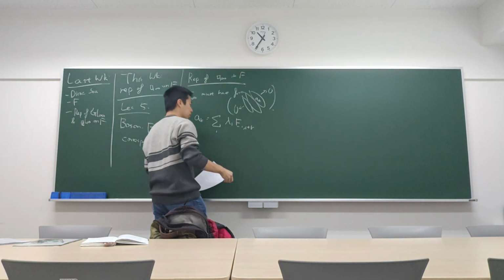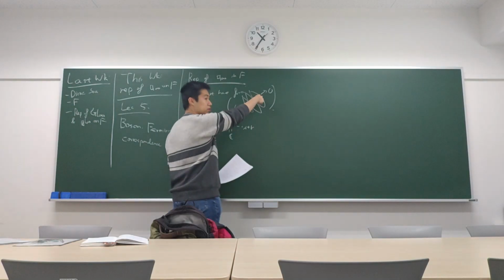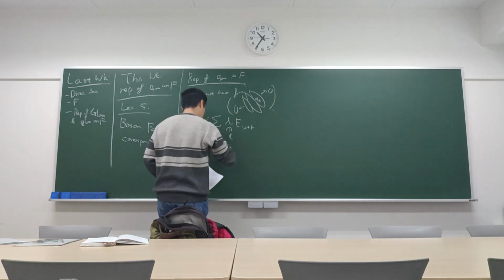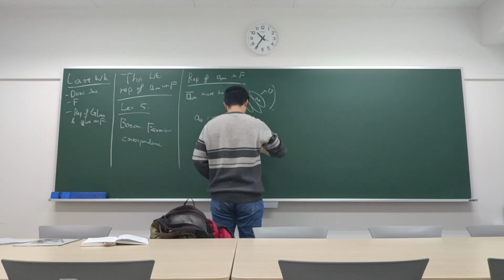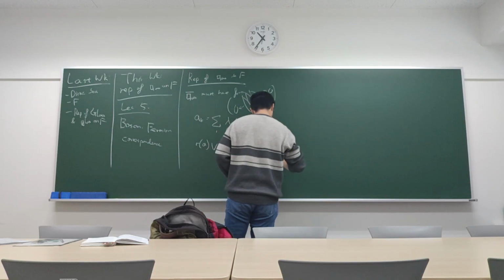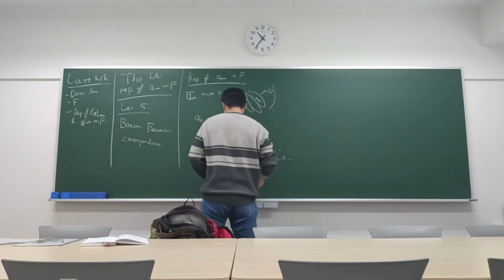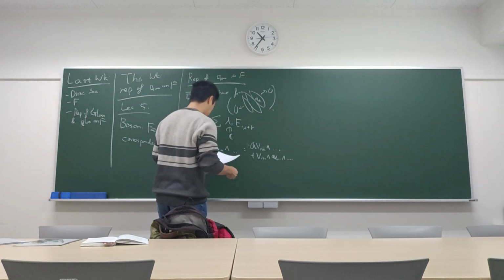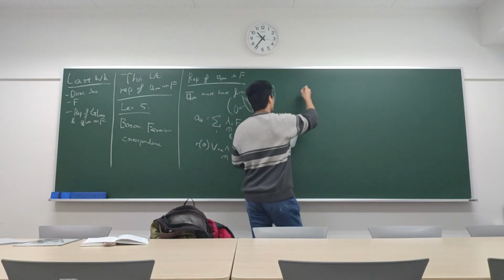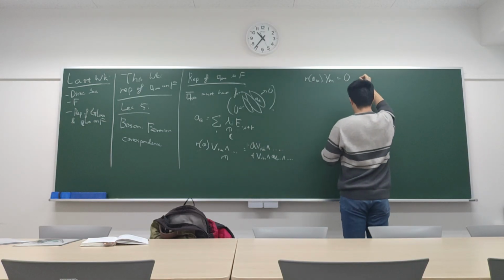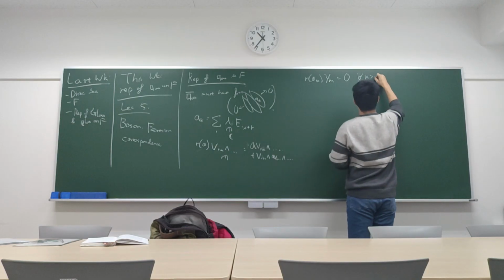some complex number multiplied by one of the elements here. So we use a relation of how a representation of the Lie algebra acts on a member of F. We can see that this R of A_K acting on it is 0 for all K more than 0.